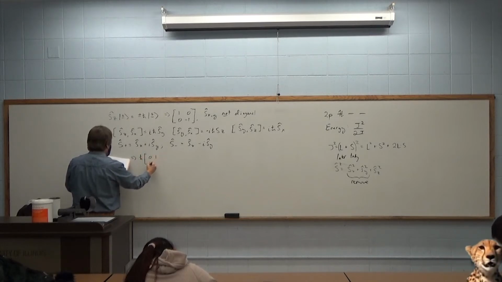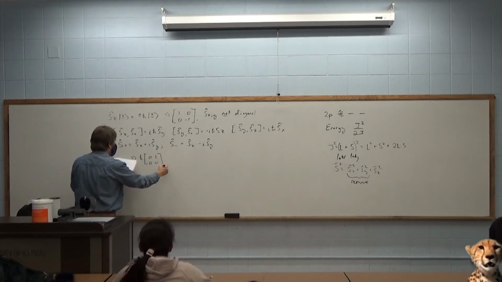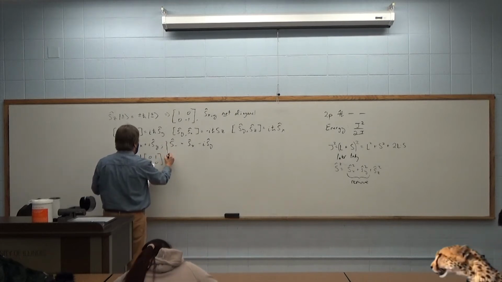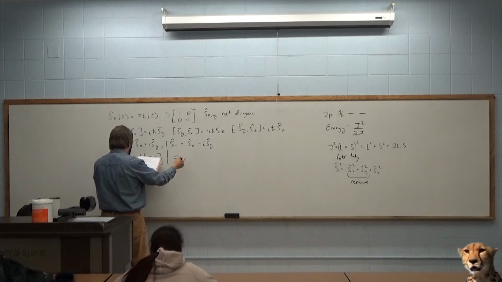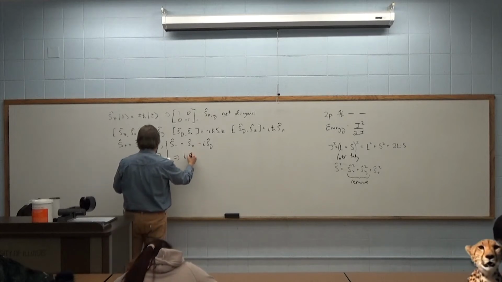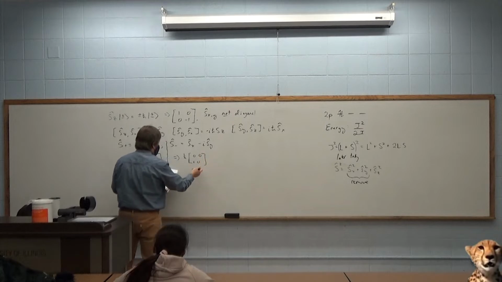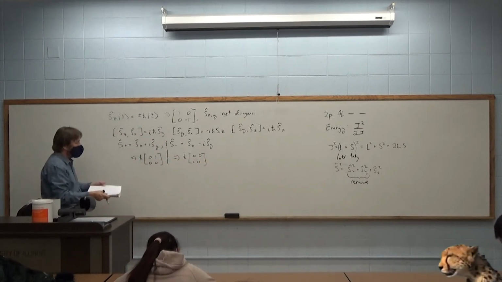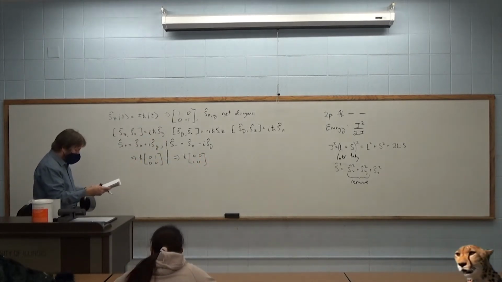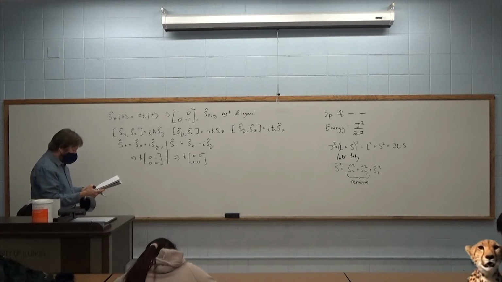Look out for me, I may forget h bar. Here's S minus. Anyway, look at that. Notice they're off diagonal. That makes them non-Hermitian. Not that it matters that much.